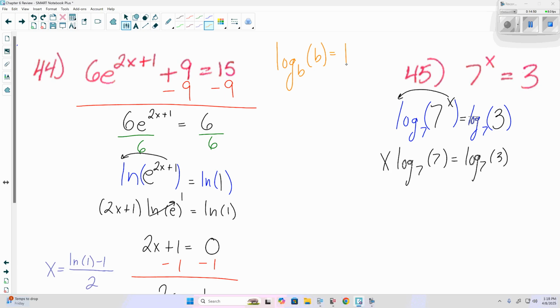So log base 7 of 7 is 1, telling us 1 times x is equal to log base 7 of 3. Is x by itself? Yeah. And that's as far as we have to take it.